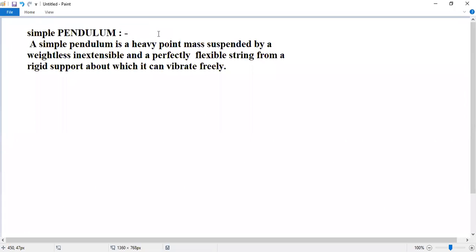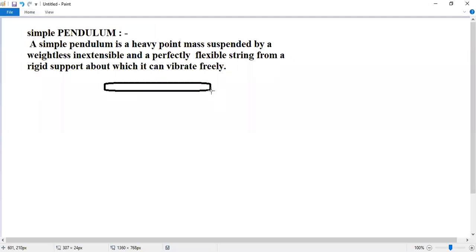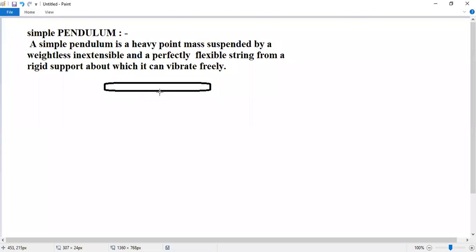A simple pendulum is a heavy point mass suspended by a weightless, inextensible, and perfectly flexible string from a rigid support about which it can vibrate freely. Everyone kindly draw the diagram.